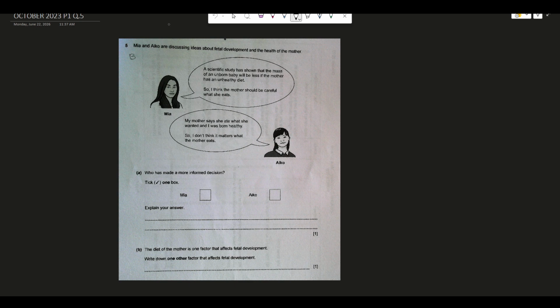Now this is Mia and this is her statement, and this is Aiko and this is what she has to say. So both have made some statement regarding some discussion on fetal development and the health of the mother. Now, let us read the statement of both the girls.